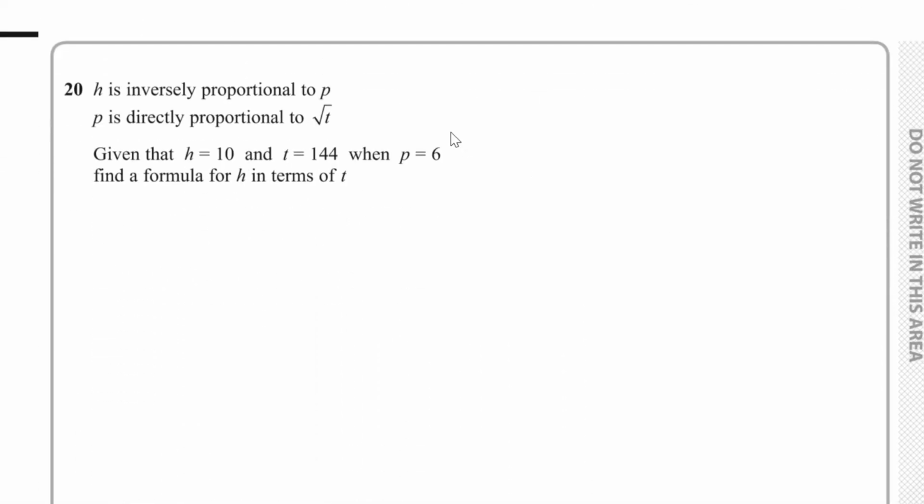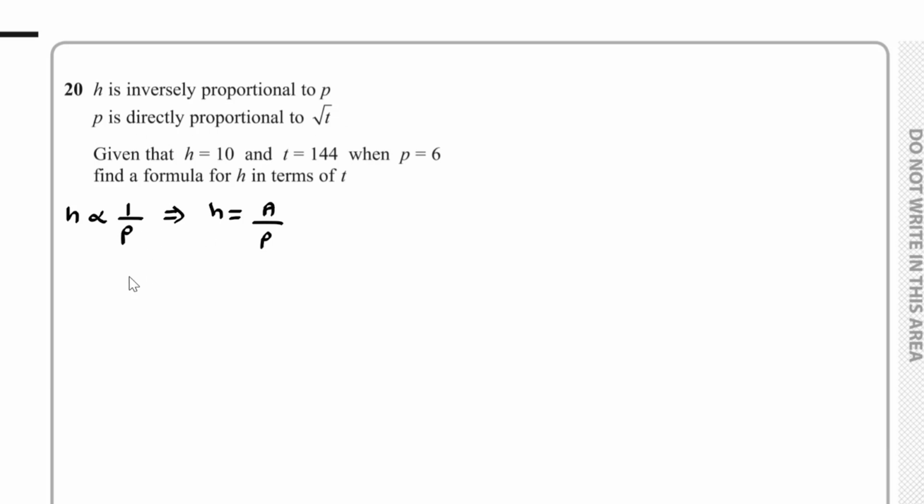Question 20. H is inversely proportional to p. P is directly proportional to the square root of t. Given that h equals 10 and t equals 144 when p equals 6, we have to find a formula for h in terms of t. Well, if h is inversely proportional to p, in other words, h is equal to some constant, let's call that constant a, over p.